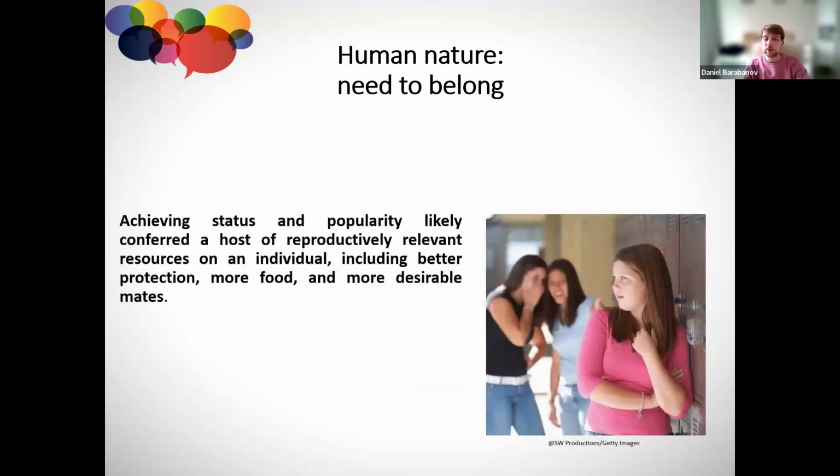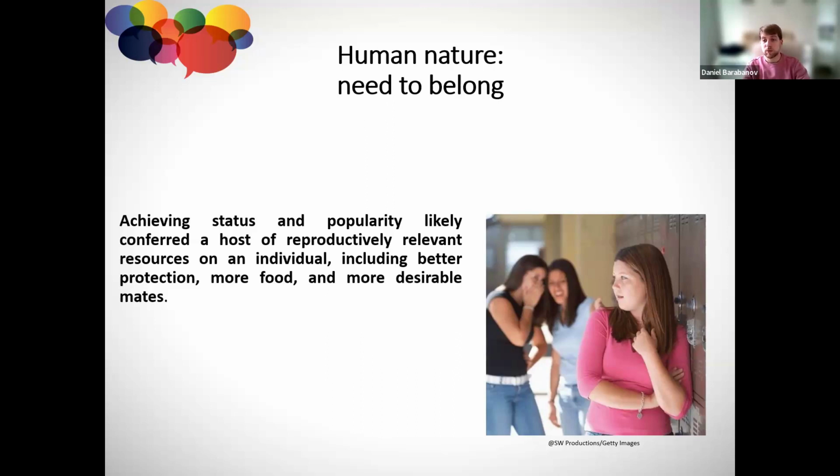So achieving some sort of status and popularity within your group probably was really relevant for survival, because if you're popular, if other group members like you, you have higher chances to get additional food, desirable mates, and protection.